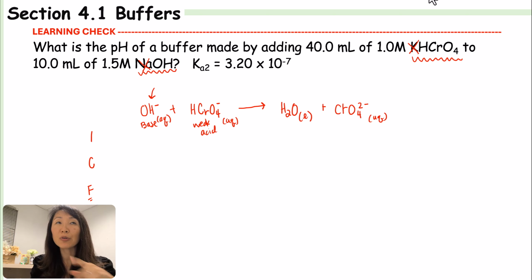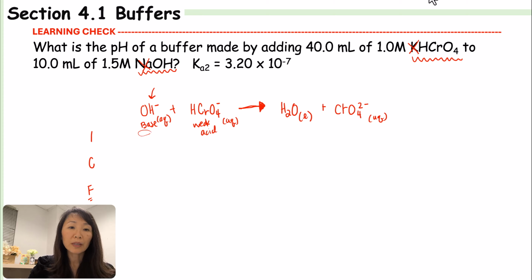So there is no coming back, or very little. Therefore the arrow is in one direction, and this ICF table does not show equilibrium but rather final.